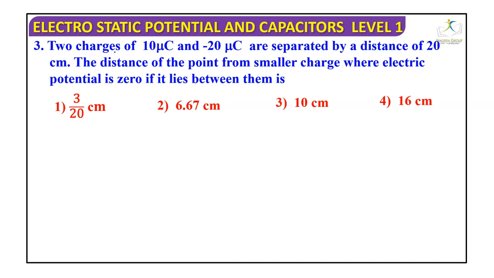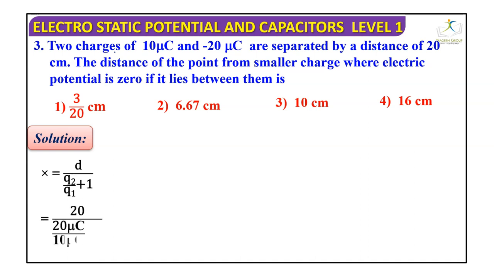Let's move on to the solution. We know the formula X is equal to D divided by (Q2 by Q1 plus 1). We put in all these values and get the result 6.67 centimeter. According to this, the correct option is option 2.